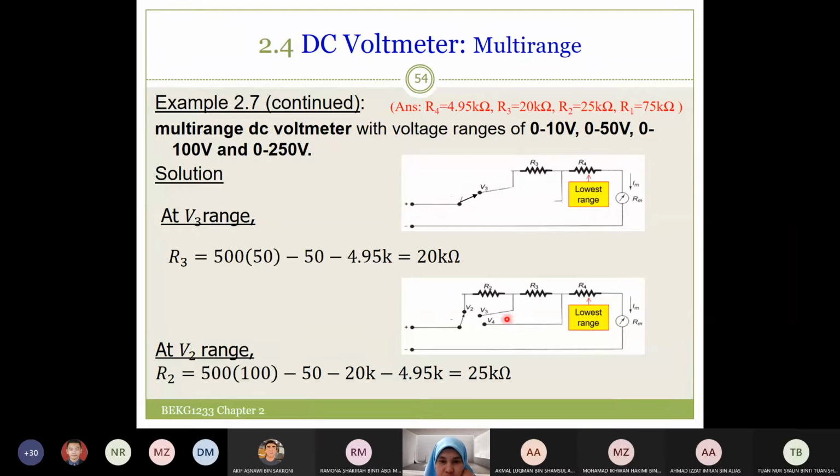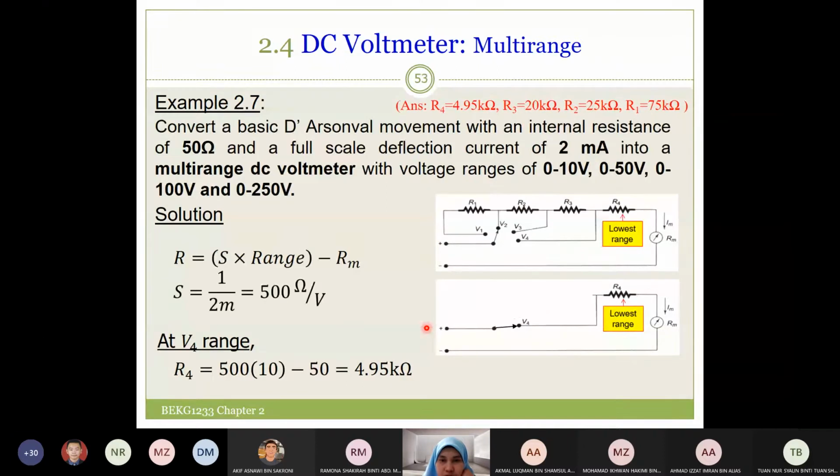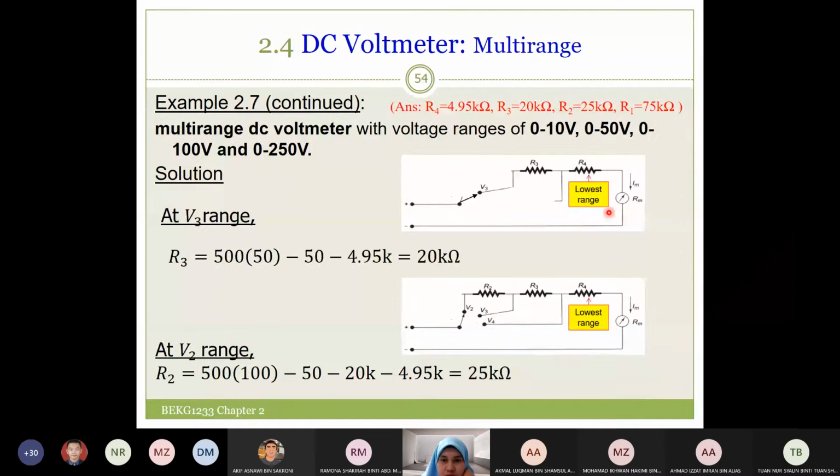The same step for V2. When we tap the pointer at V2 range, we have R2, R3, and R4. So R2 is equal to R total minus R3, R4, and RM. R total is S multiplied with V. S is equal to 500. V range now is equal to 100 volts, the third range.